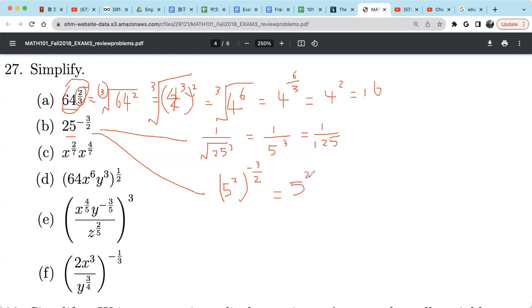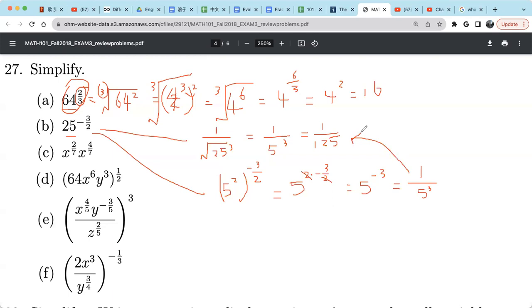So I have 5 raised by 2 times negative 3 over 2. 2 is positive, negative 3 over 2 is negative, so we will get 5 raised by a negative number. Multiply those two, then 2 cancels these 2, so we get negative 3. So 5 raised by negative 3. What's 5 raised by negative 3? It's 1 over 5 raised by 3, and it is exactly 1 over 125.